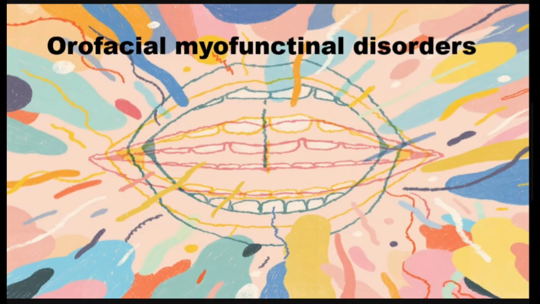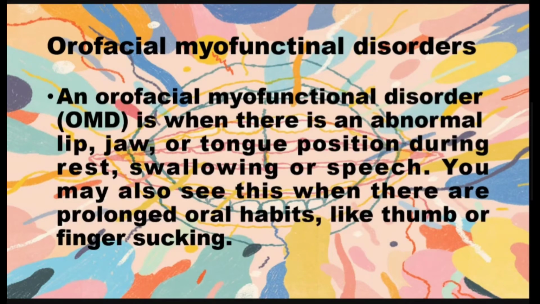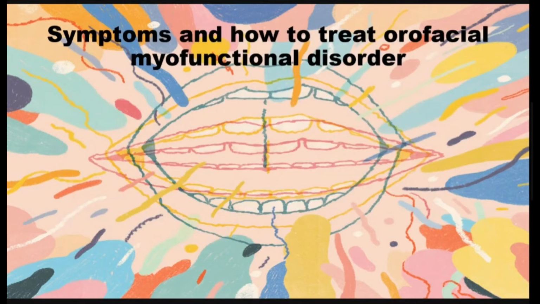Orofacial myofunctional disorders. An orofacial myofunctional disorder, or OMD, is when there is an abnormal lip, jaw, or tongue position during rest, swallowing, or speech. You may also see this when there are prolonged oral habits like thumb or finger sucking when they were still children. Symptoms and how to treat orofacial myofunctional disorder.